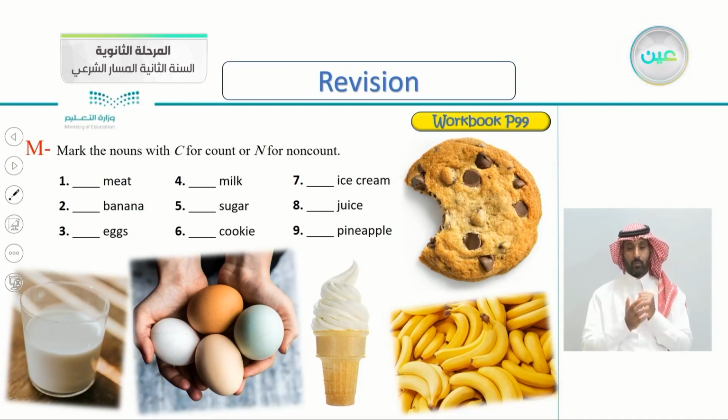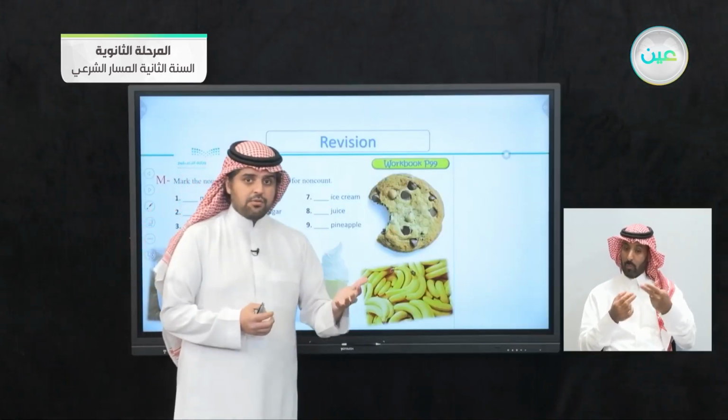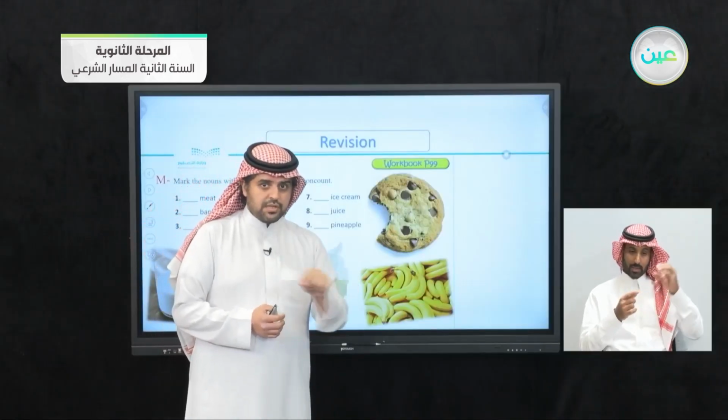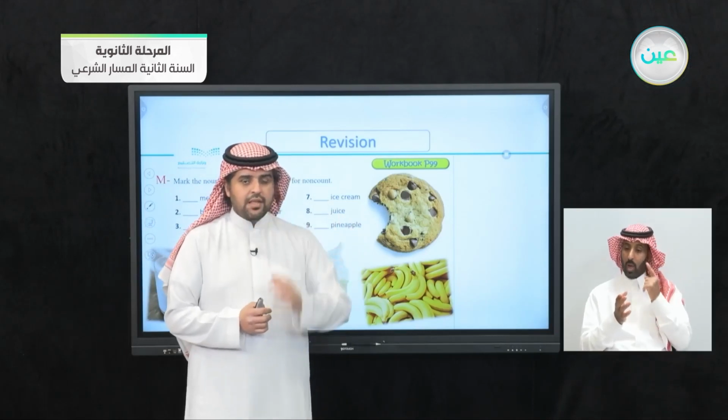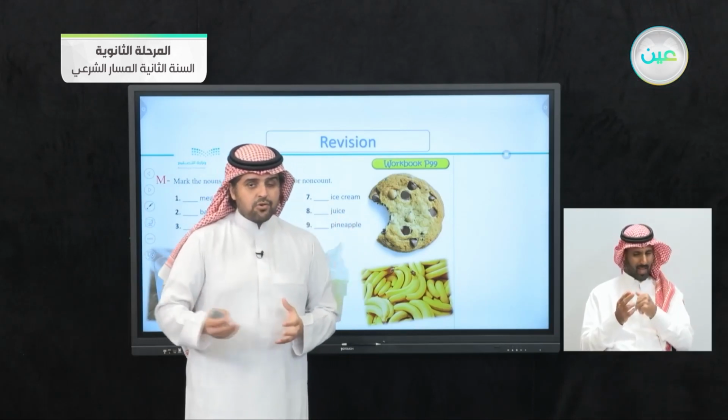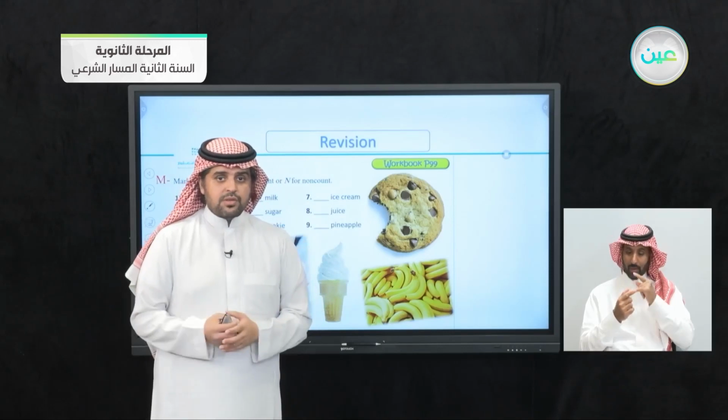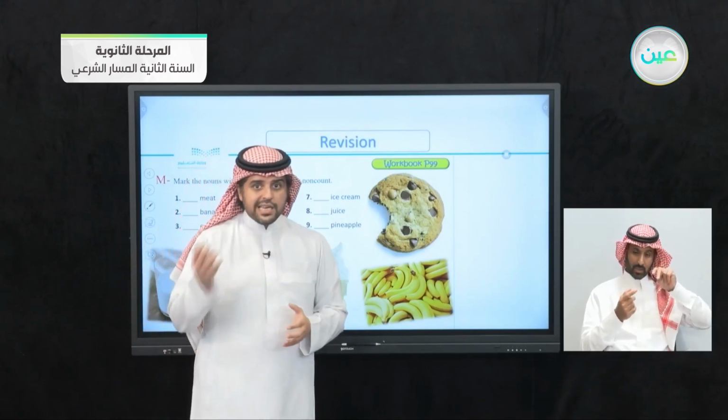So, exercise M here. Mark the nouns with C for count, N for non-count. If it is a countable or count noun, just put the letter C for count. And if it's a non-count or uncountable noun, put the letter N for non-count.